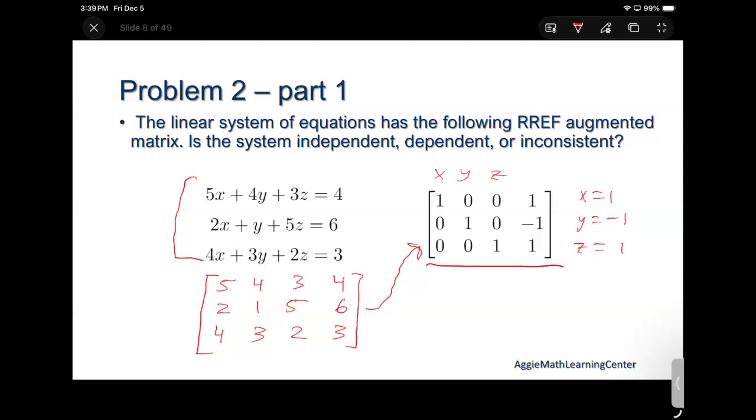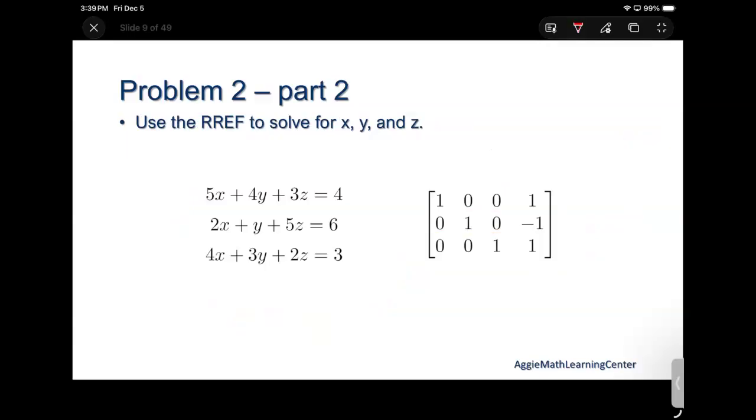And so anytime you have a matrix that looks somewhat like this, with a 1 in each of these and all these are 0, you're going to know that that is independent. And when you write them out, this can help as well. So this is independent. And then the second part on the test for these problems is to solve for what x, y, and z are.